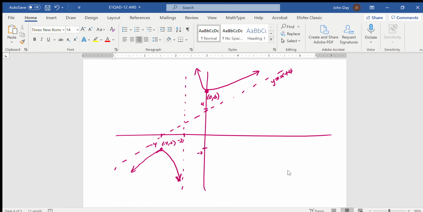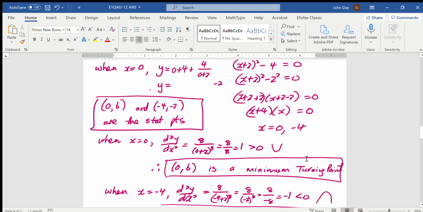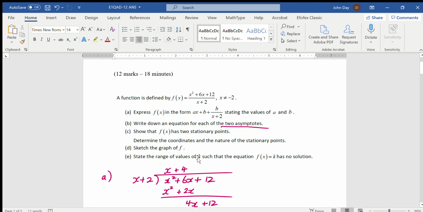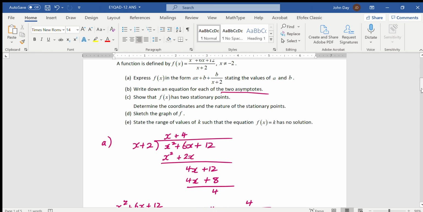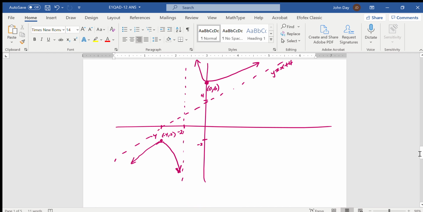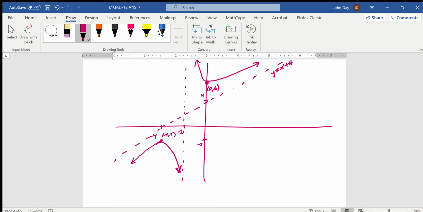And then we need to find out what the last question wants us to do. It says, state the range of values of k such that f(x) equals k has no solution. All right, so f(x) equals k means it's a constant. All lines f(x) equals k are just horizontal lines. For example, I'll draw f(x) equals 2, if y equals f(x).